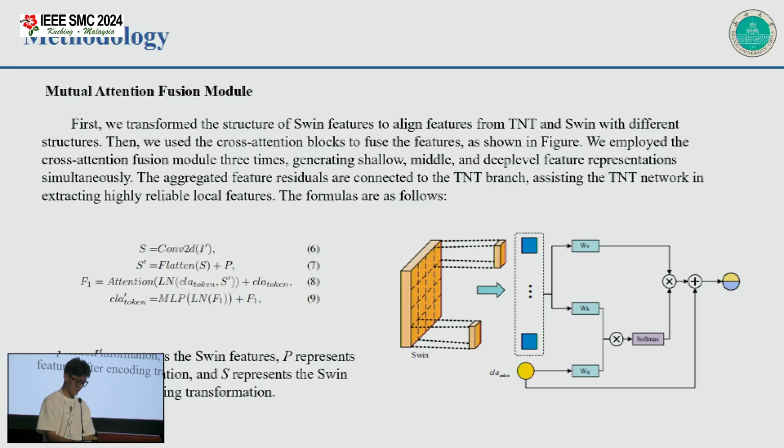As shown in the figure, we employed the cross attention fusion module 3 times, generating shallow, middle, and deep level feature representations simultaneously. The formulas are as follows. It consists of a convolution operation, an exhibit operation, an addition, and a multi-layer perceptron.